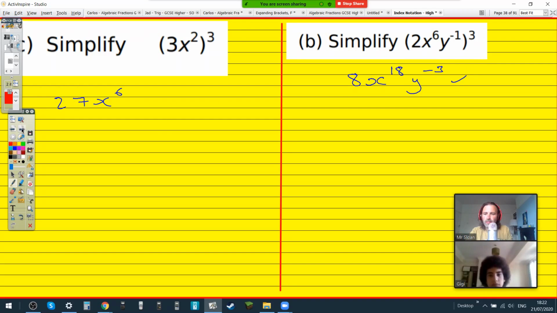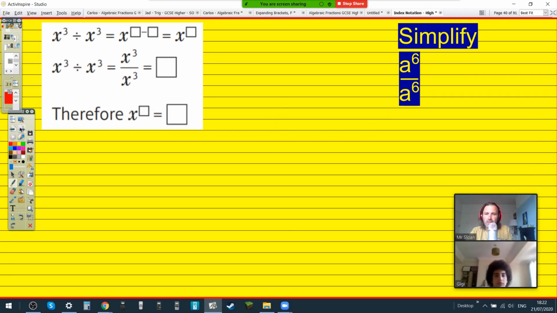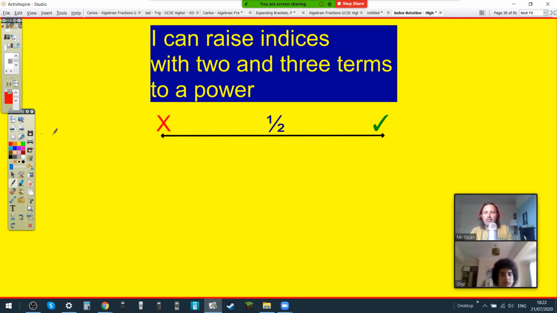Well done. Let me just check. Yes. So what do you give yourself for those power to a power? 6. That's good. So we did multiplying indices up to 3 terms, dividing indices up to 3 terms, and then powering indices up to 3 terms.